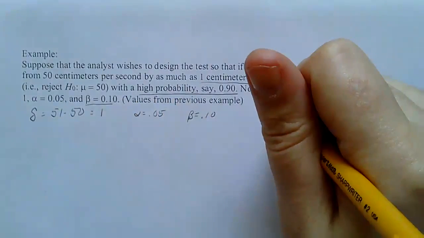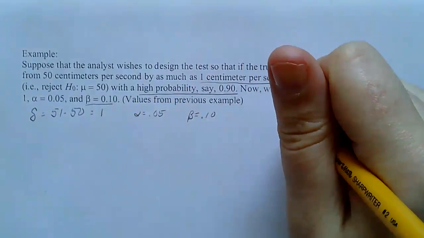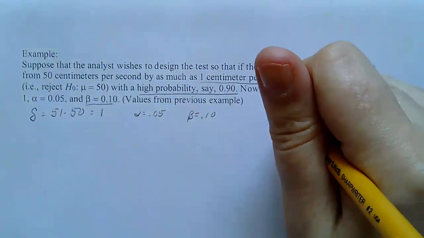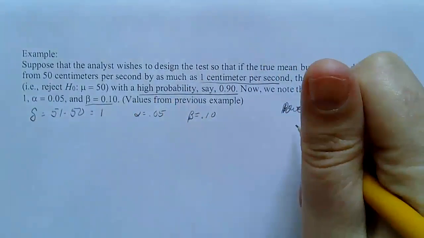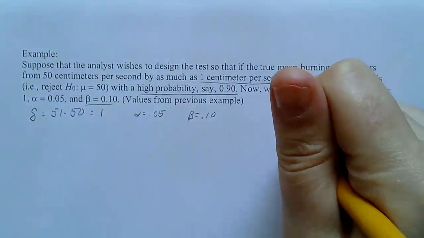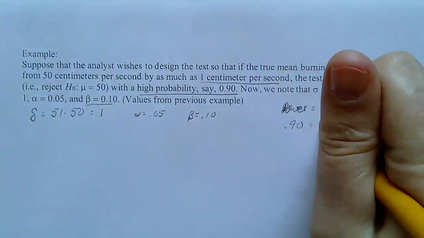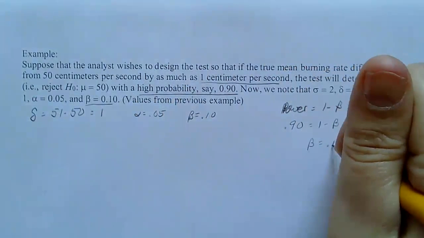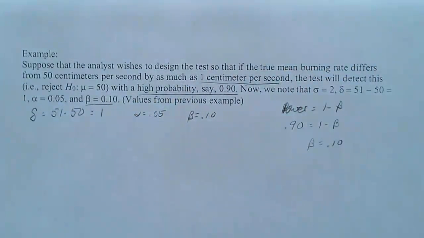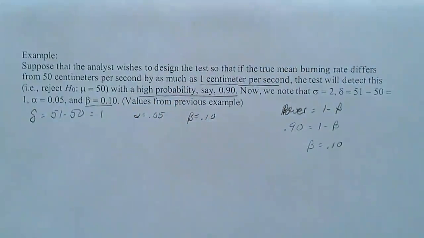And so we know that the power is equal to 1 minus beta. And so if I want the power to be 90, then beta is equal to 10%. So that's how we got that beta is equal to 10%.